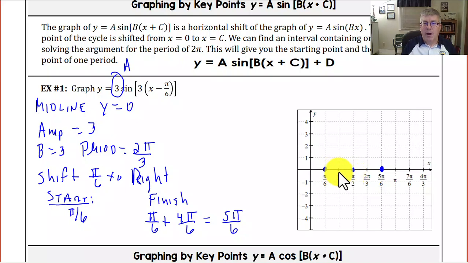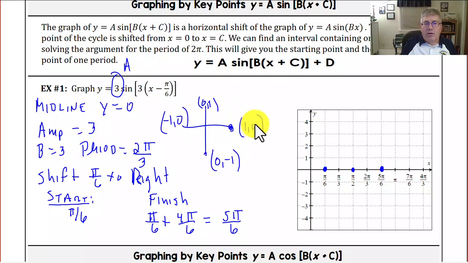And then at 2 pi over 6, we're going to have our maximum. Think about your unit circle, right? When we start our sine curve, we are at 0 and then at 1, but we have an amplitude of 3. So at the quarter pole, sine would be 1, but now at our quarter pole, the sine is going to be 3. And that is going to occur at 2 pi over 6. And then at halfway, the sine is 0.